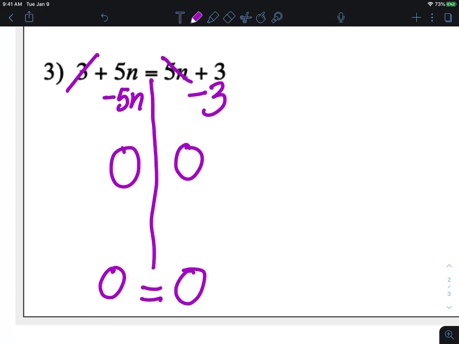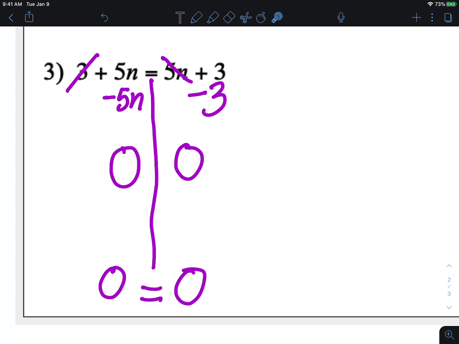It is. Right? So that means this is a special kind of equation. That means that I can plug in any number for n. Whatever number I plug in here, I also plug in here. It's going to make this balanced. This is going to equal this side. So I could put in a million here and a million here. They're the same, right? They have to be the same.